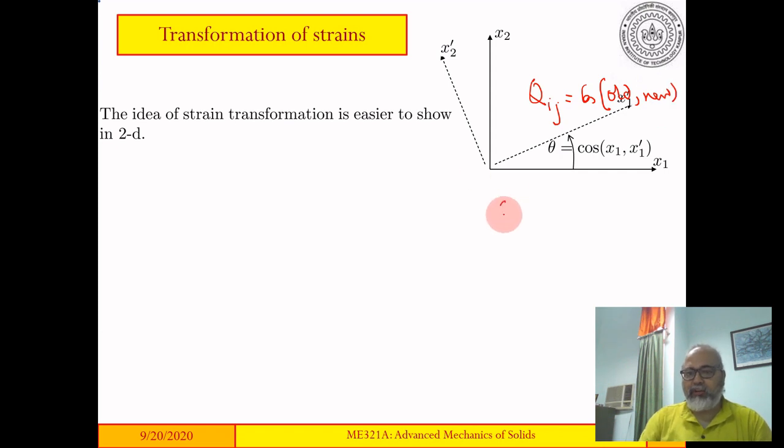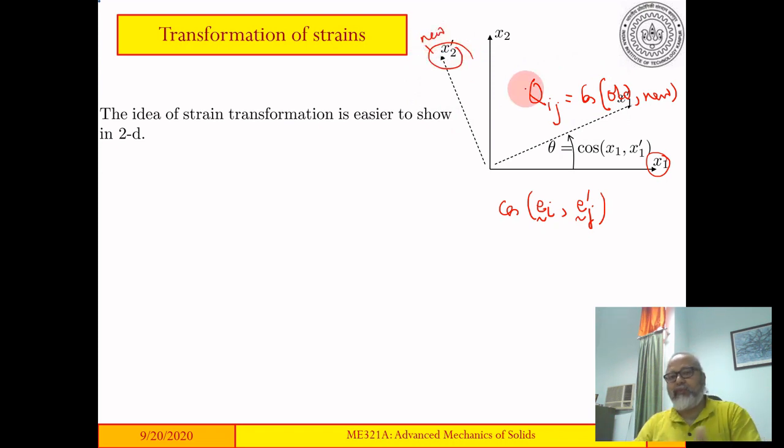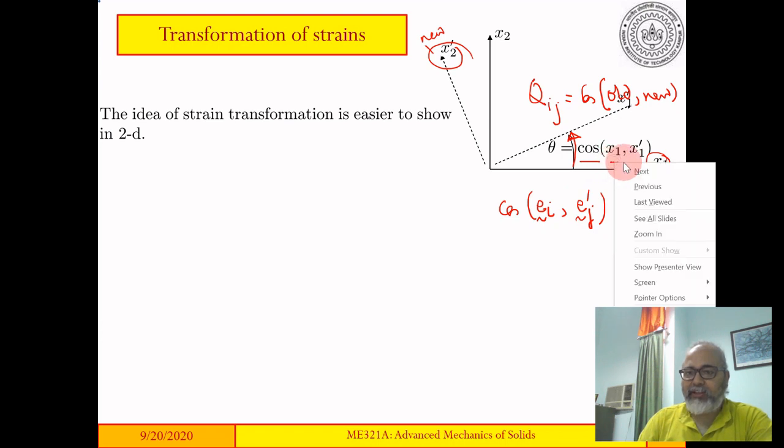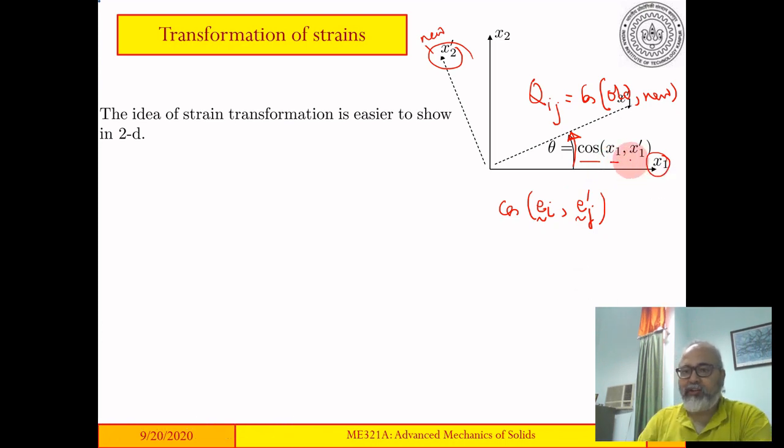So we take cos of ei, ej prime in this case. So this is the old and this is the new. You have to define which you think of as the old and which you think of as the new. So we define this angle theta for a 2-dimensional situation, which is cos of x1, that is the old, to x1 prime, that is the new.